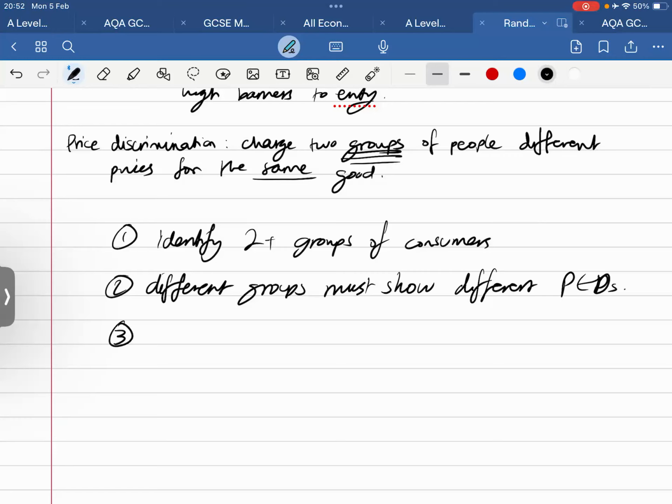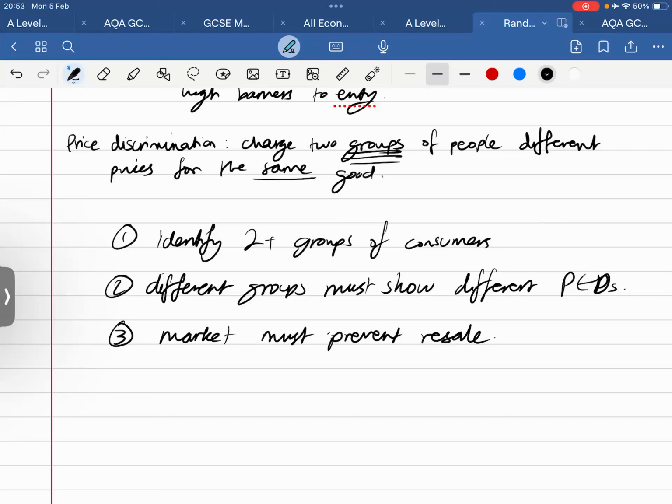And then the third thing is the market must prevent resale. For example, it would be necessary to provide a student ID as you enter. Does that make sense? If this wasn't a criteria, then you could just buy a student ticket and just pass it on to your mate.